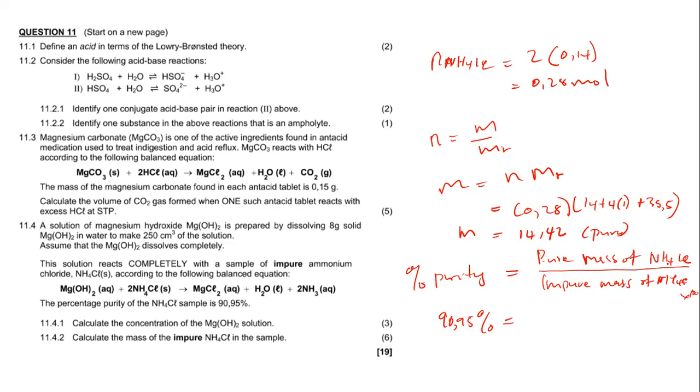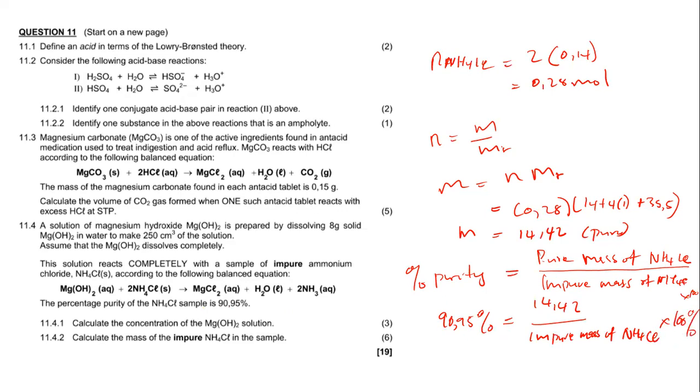So the pure mass we said is 14.42, divided by the impure mass of NH4Cl, multiplied by 100%.